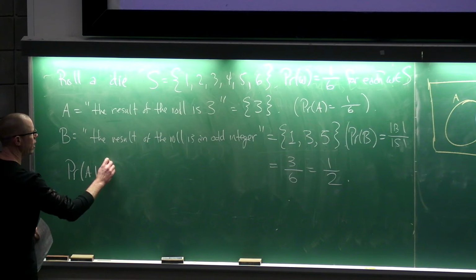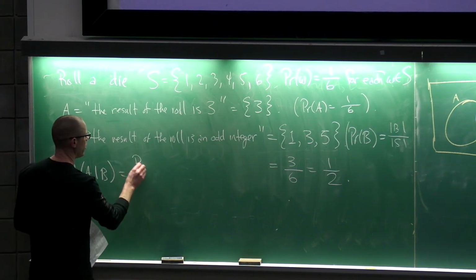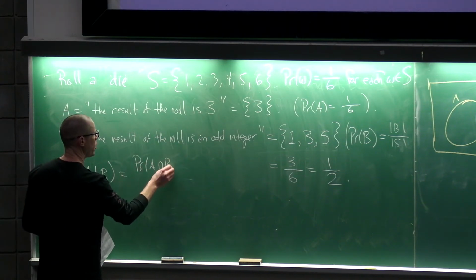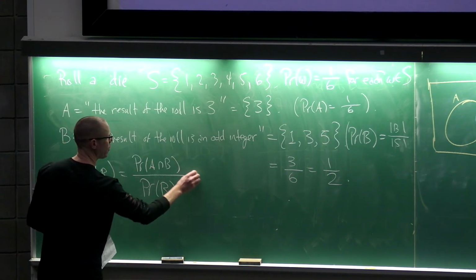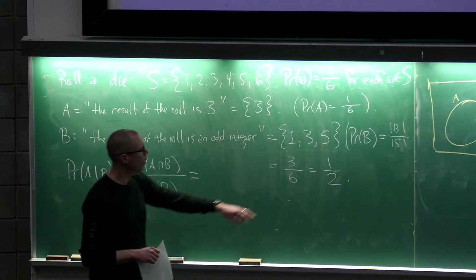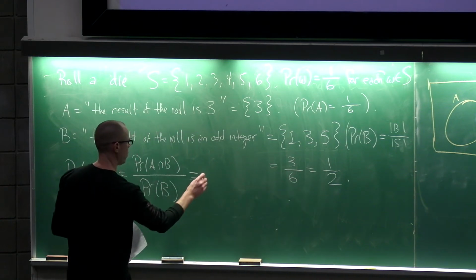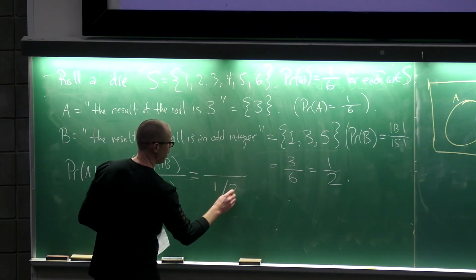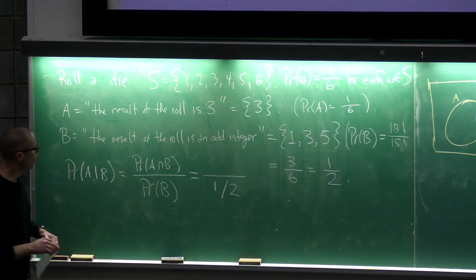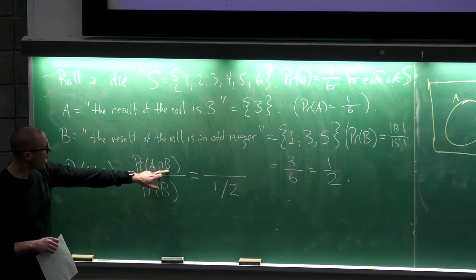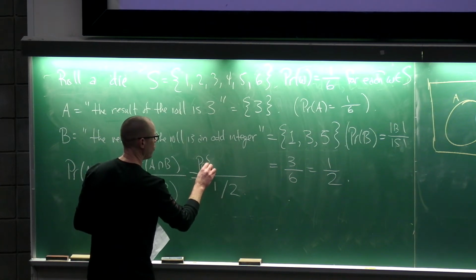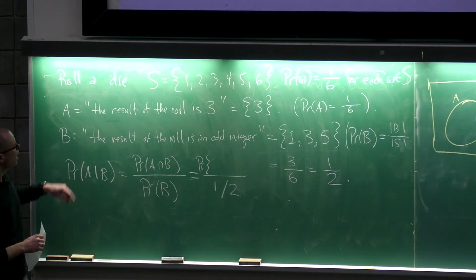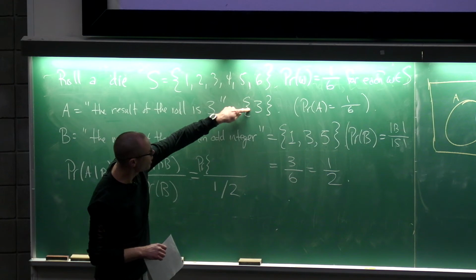Probability of A given B is equal to the probability of A and B divided by the probability of B. Probability of B, we know it is 1/2. The probability of A and B, what's A and B? A is the set with only 3 in it.